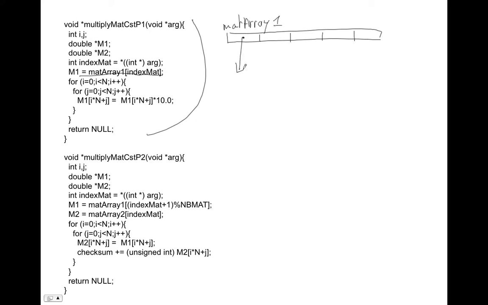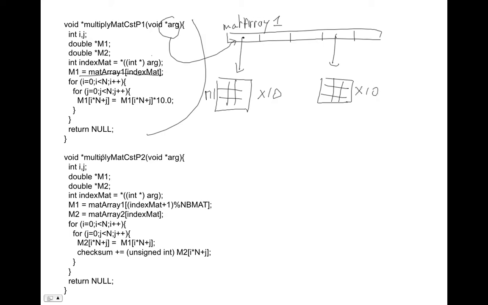Here I am pointing to an object which has been allocated in the main, and arg here is the value of this index. So I take m1, and I multiply m1 by 10, and I do that for all the matrices pointed by mat array 1.